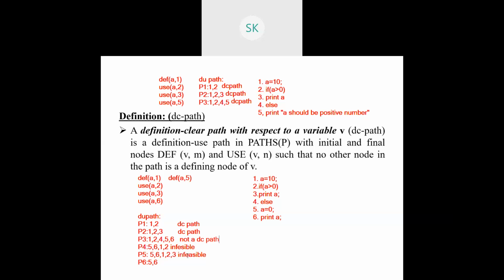If it is that, then we call it a definition clear. If there are multiple definitions with respect to one time usage or n number of times usage, then we call it not a definition clear path. It is just a DU path, that is, a definition usage path. That's it. Whenever we call it a definition clear path, that is where our particular variable plays a vital role in forming a reliable product.